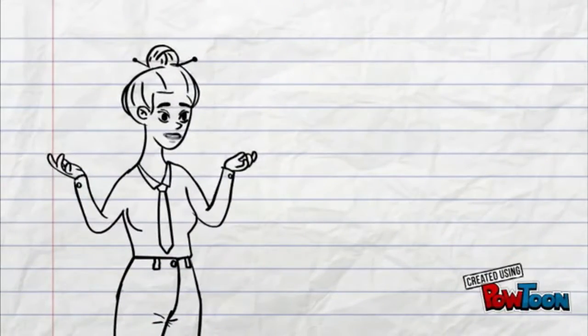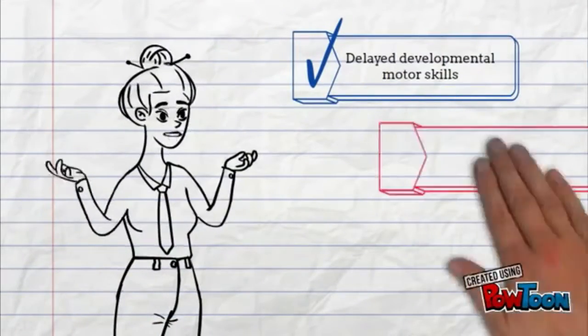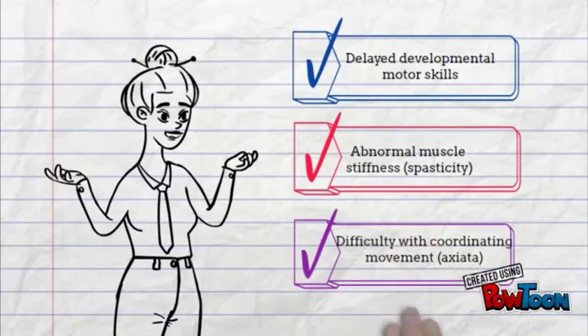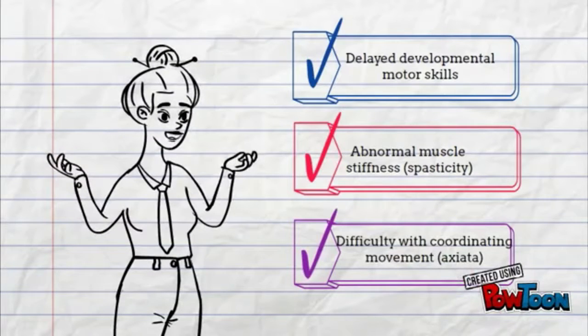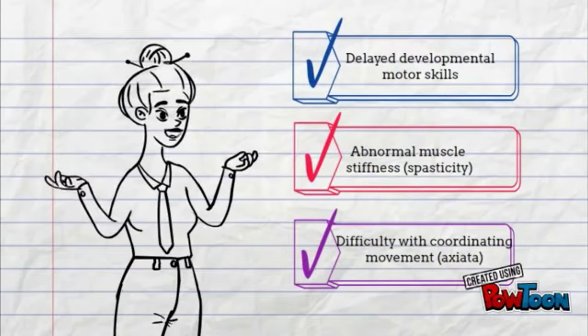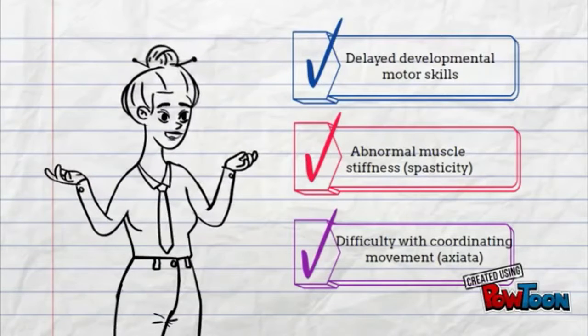This disease generally occurs in infants and children. Affected children may have slightly delayed development of motor skills such as crawling or walking, abnormal muscle stiffness, and difficulty with coordinating movements. Affected females may have abnormal development of the ovaries.